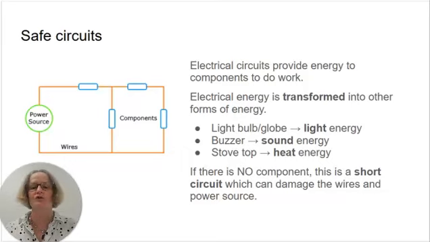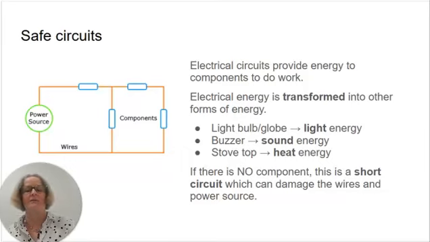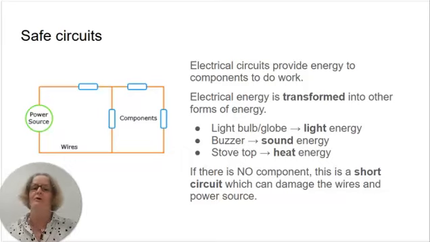And if it was something at home like a stovetop or a hairdryer, then your electrical energy would be transformed into heat energy. So if there is no component in the circuit, this would be really dangerous. This is called a short circuit, and it could damage the wires and damage the power source as there's nothing for the electrical energy to be transformed into.